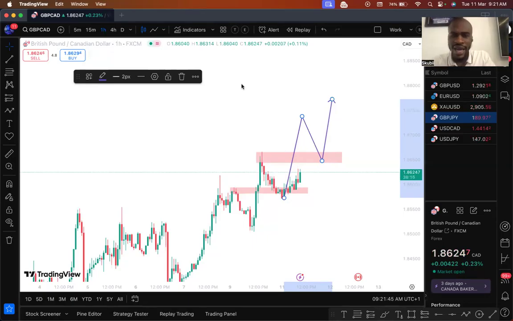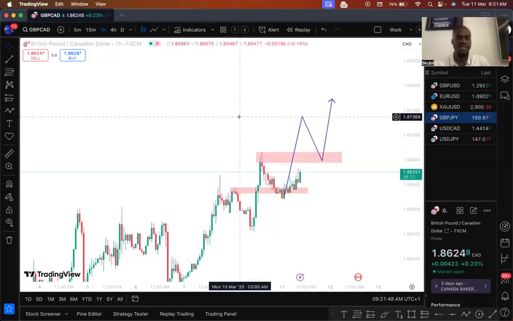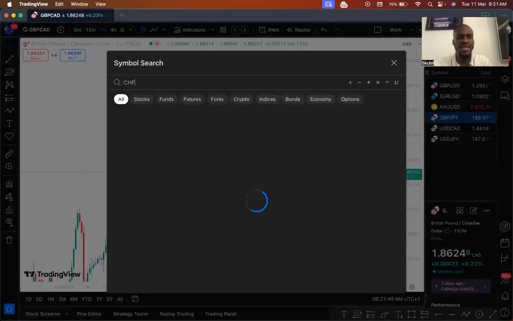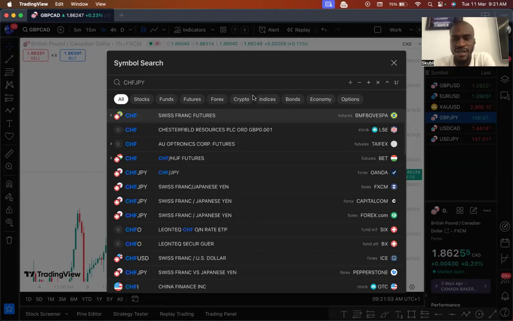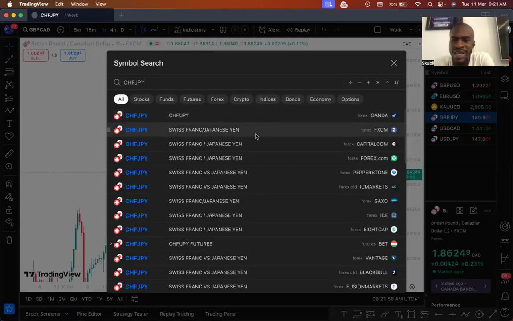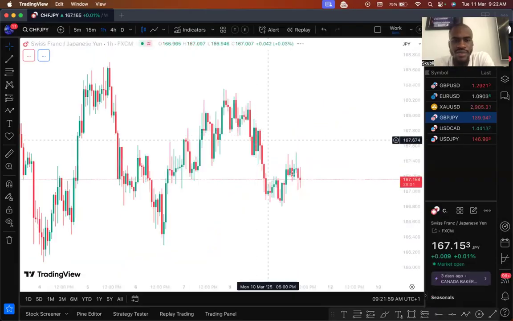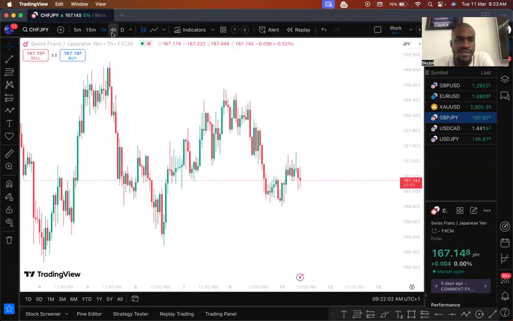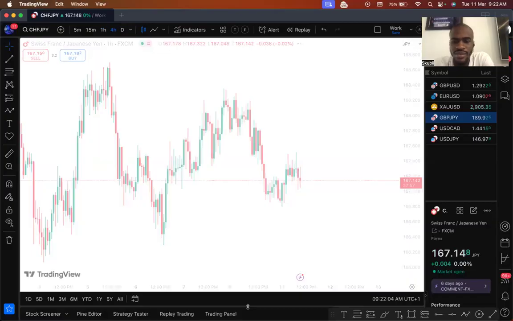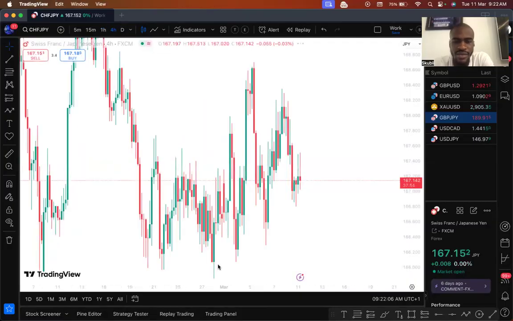But where are you guys getting all these cross pairs from? CHF, JPY. I don't think I've ever searched that in my life. Is a spread on this thing not killing you? We've looked at GBP USD already.